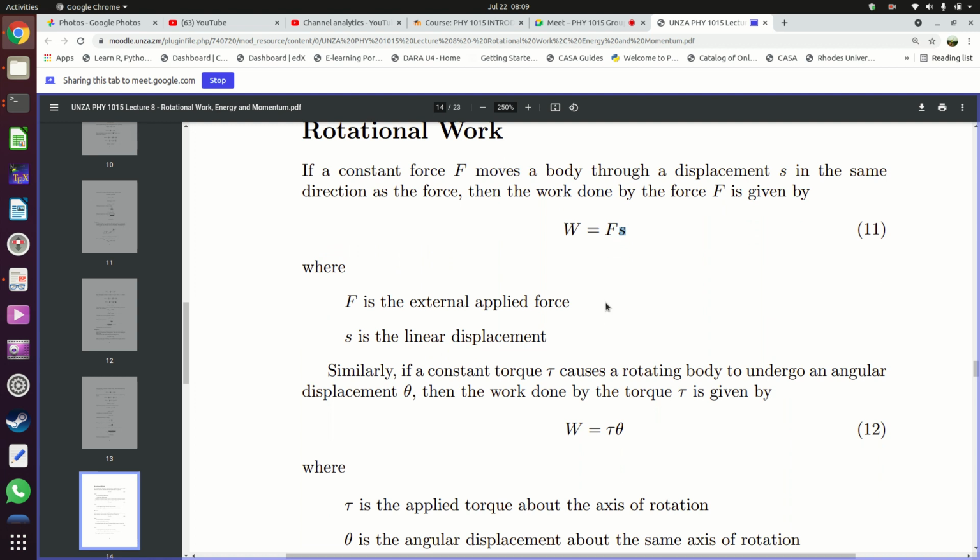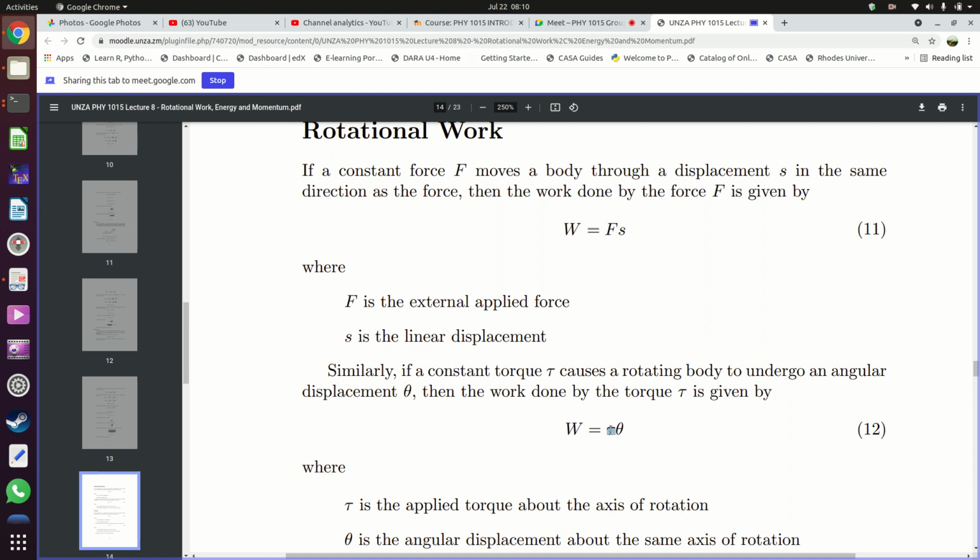Now, when you perform rotational work, instead of applying a force, what you need is a torque. You need your force to produce a turning effect. If you apply a force that does not produce a turning effect, then you have no torque.